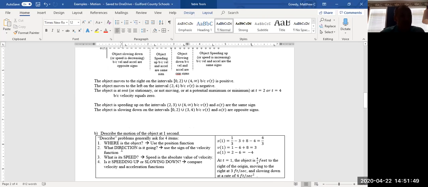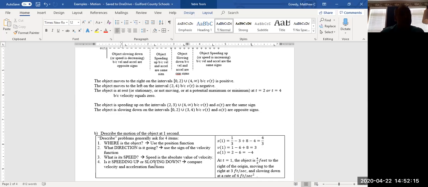What direction is it going? That means we use velocity to determine, is it going forward or back, left or right, up or down? What's its speed? Since speed is the absolute value of velocity, we just take the number we got for velocity and we say, hey, there's our speed. Just make it positive. And then is it speeding up or slowing down? So we're going to compare velocity and acceleration functions to get that answer.